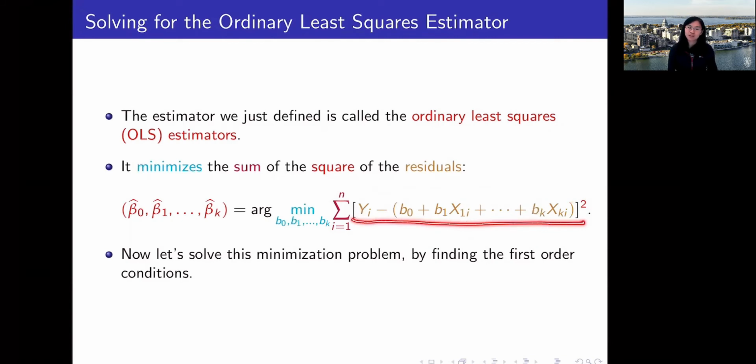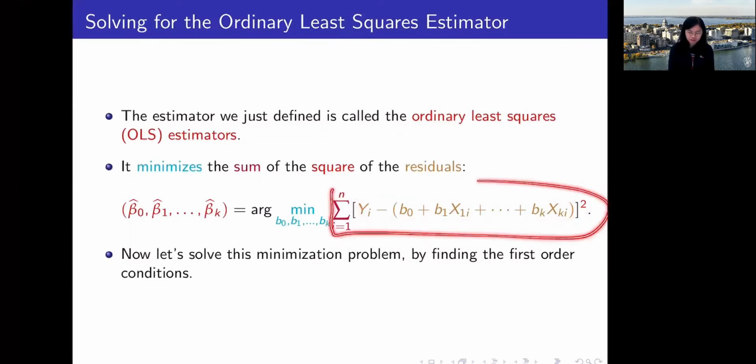A square function is differentiable. It's a square of this linear function of b. Both square and linear functions are differentiable. Therefore, this whole criterion function is differentiable by the chain rule, right? So it's a convex differentiable function.